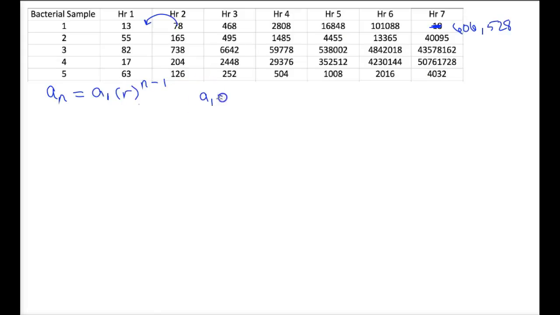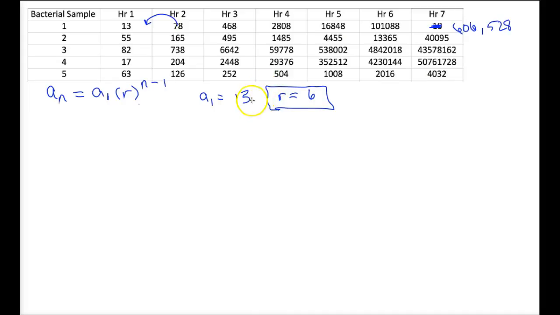And so we know our a sub 1 for bacterial culture sample number 1 is 13. We know that our common ratio is 6, and that's pretty much all we need to know. So here we're asked to determine the rate at which the culture grows in an hour. Well, that rate here is 6, because that's the common ratio, okay?